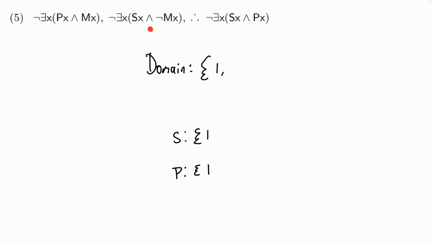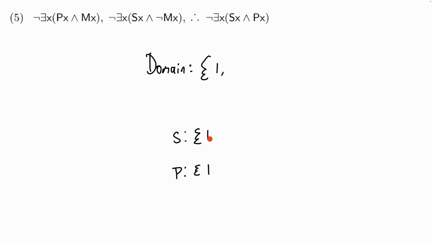Now let's try to make this second premise true. That means we have to make the existential here, there is an x, sx, and not mx, false. So we have to make sure that there's nothing that is s and fails to be m. So we have to make sure that everything that is s is m.